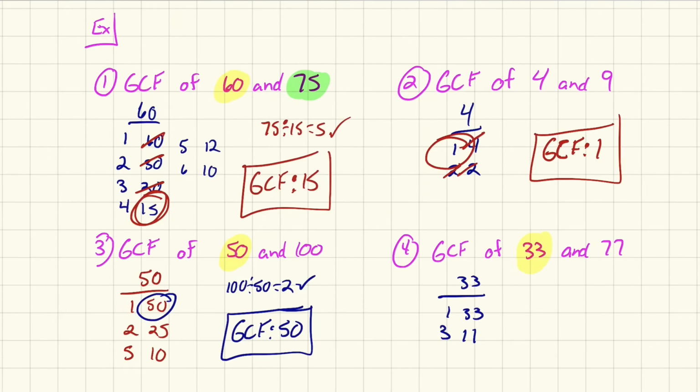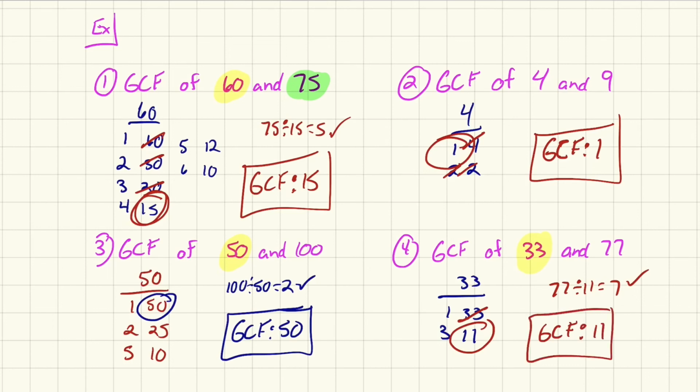Can 33 go into 77 evenly? No, it can't. Can 11? Yeah, it can. Right? 77 divided by 11 is equal to 7. Sure, that works. So our GCF of 33 and 77 is 11.